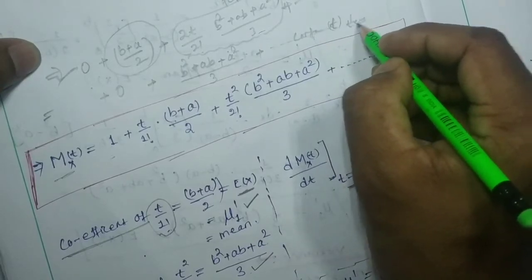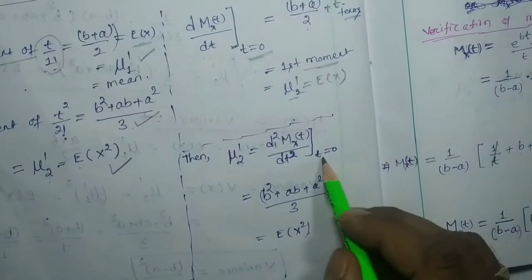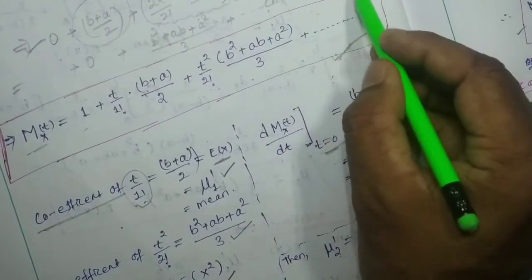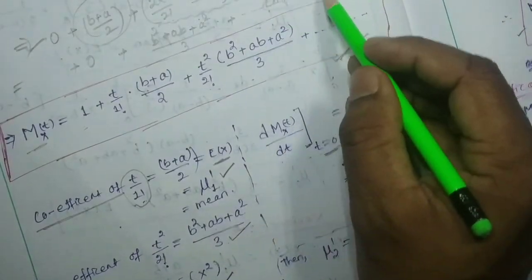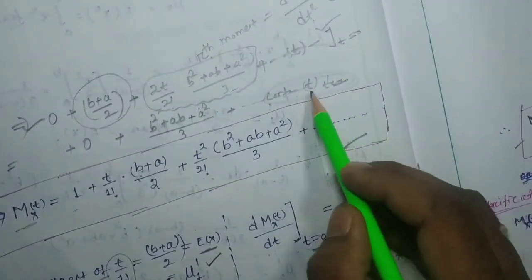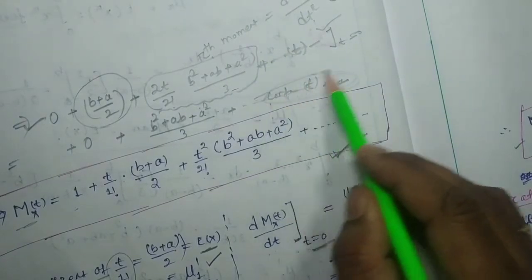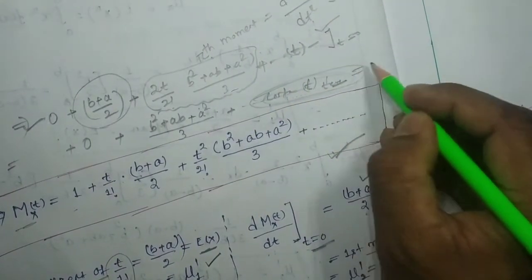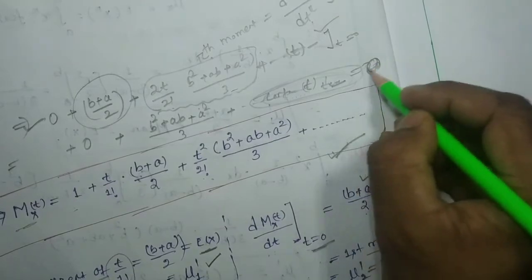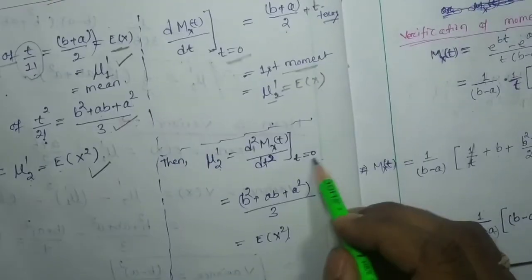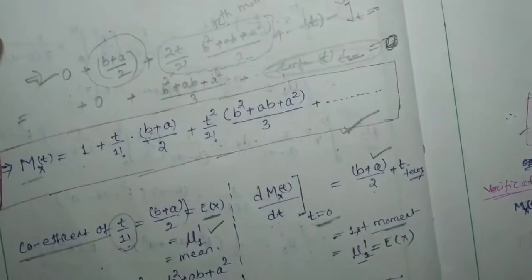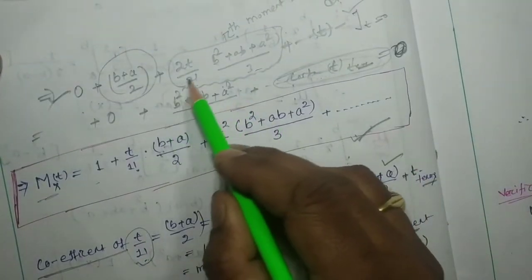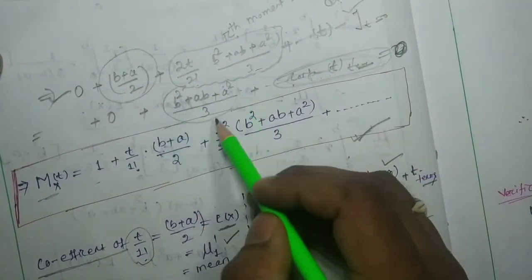So if we put t equal to 0, these terms after the second derivative of the moment generating function will be 0, whenever we consider t equal to 0, right? So finally we found b square plus ab plus a square by 3.